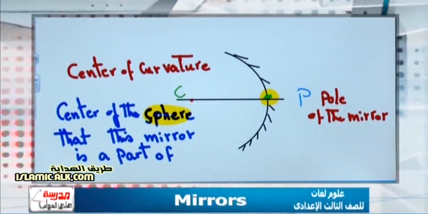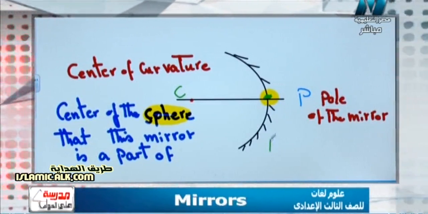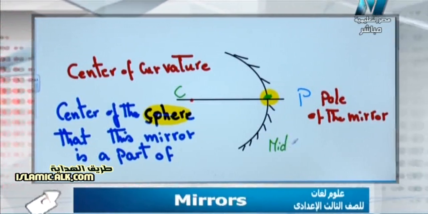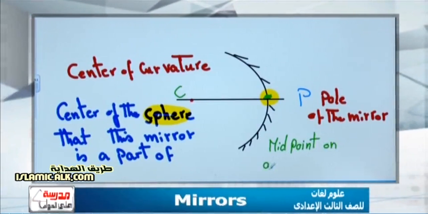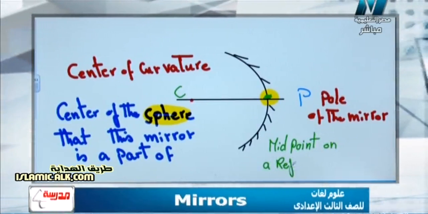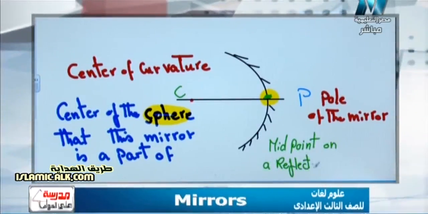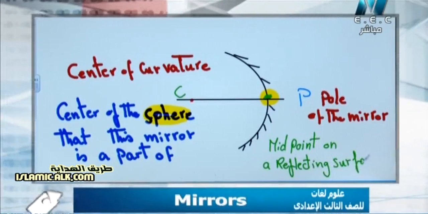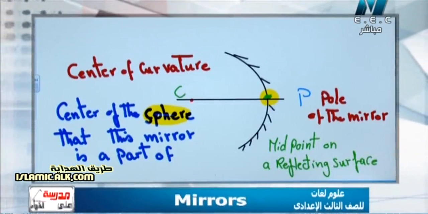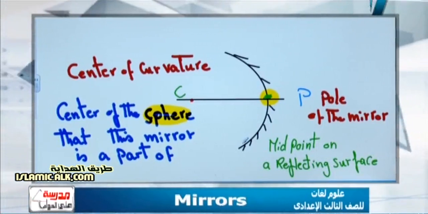It is a midpoint on the reflecting surface. The point at the middle of the reflecting surface.